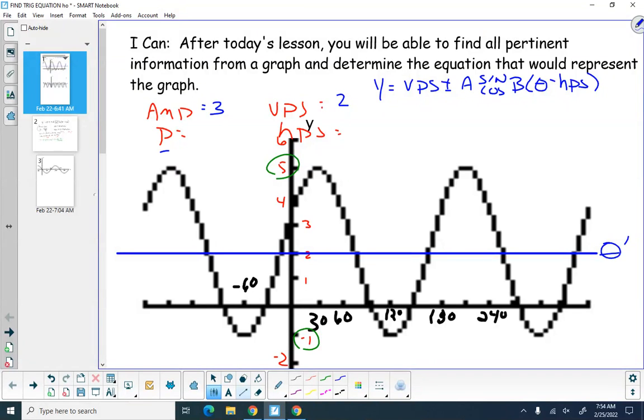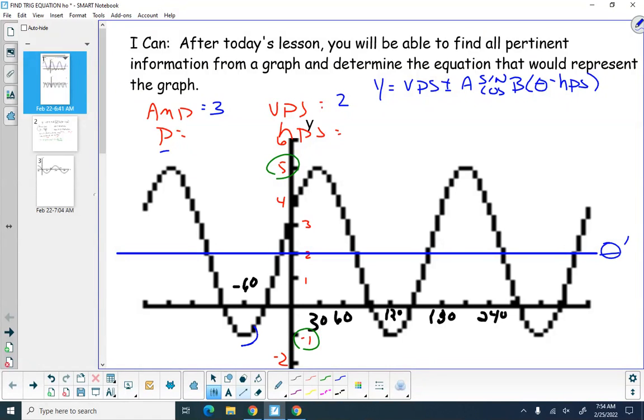Next thing we want to deal with is the period. The easiest way to find the period is to go from peak to peak or valley to valley. Find degree measures from peak to peak or valley to valley, and that will give us the period. It does not matter which one you deal with.